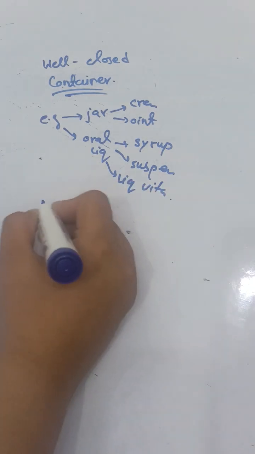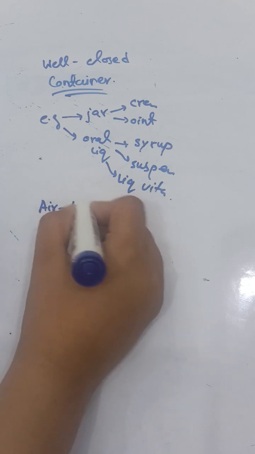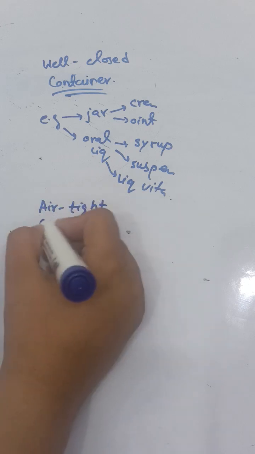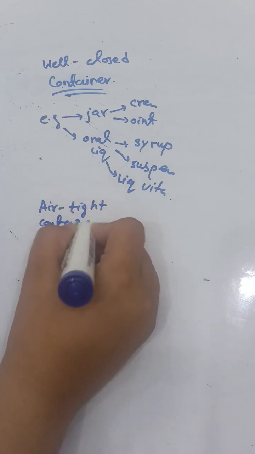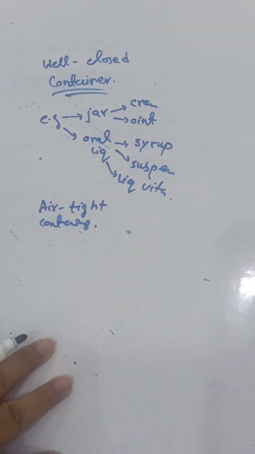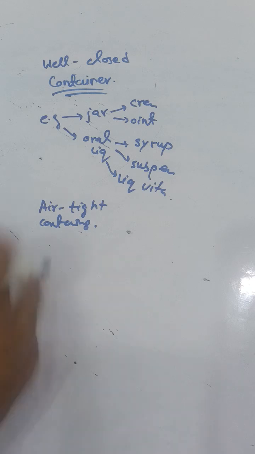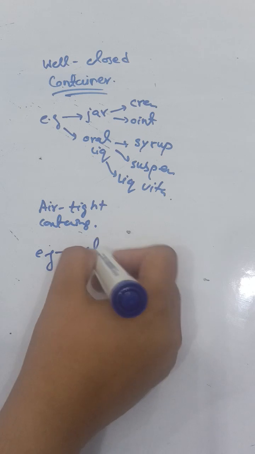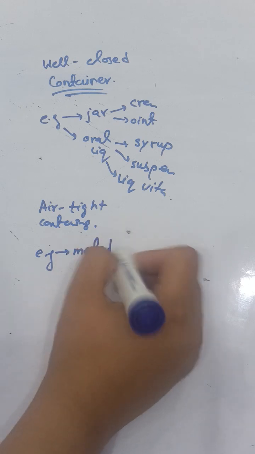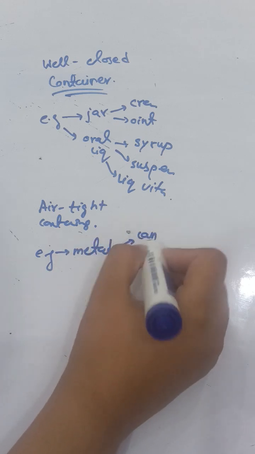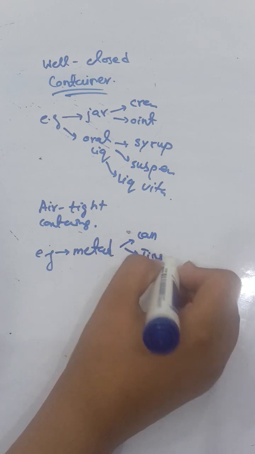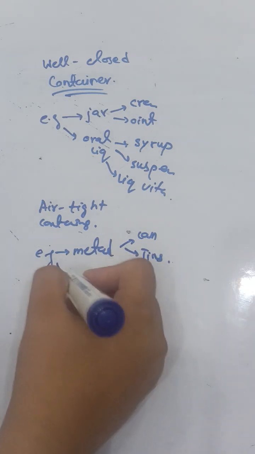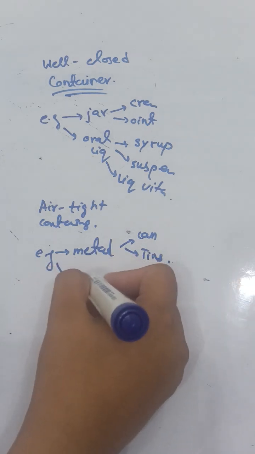Next type is the airtight containers. These are the containers that are designed to prevent the loss of air, moisture, and contamination. Like you have seen some metallic cans having some drinks in them. So metallic cans and tins, some vacuum sealed bags are there.